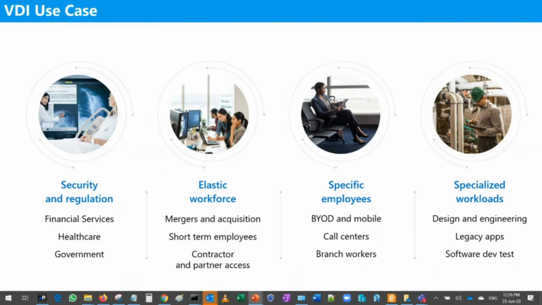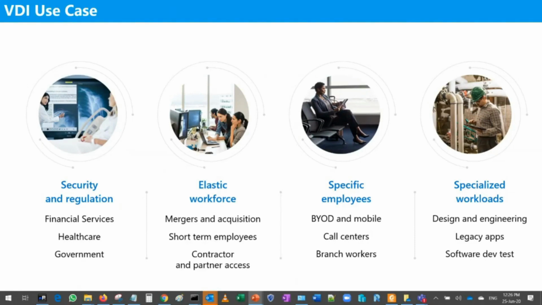And we are also seeing more and more SMB customers want to make sure their security is in control, because digital asset data is crucial to the company. It's a lifeblood. Second, people are looking at the elastic workforce, the mergers and acquisitions of the company, and short-term employee access, contractor and partner access.